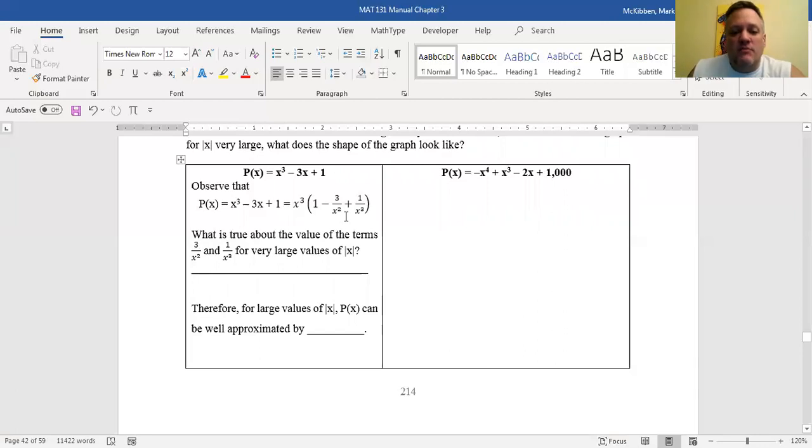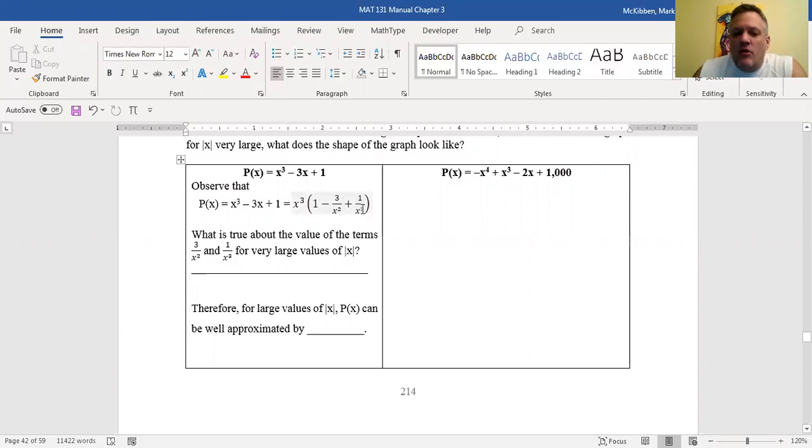The question is, remember, we want to know what happens to this polynomial for x very, very large in either direction. So we'll rewrite this. Now notice that as x gets large, if you literally put in larger and larger values for x, 10, 100, 1,000, 1,000,000, and compute those in a calculator, you'll notice that these terms become negligibly small.